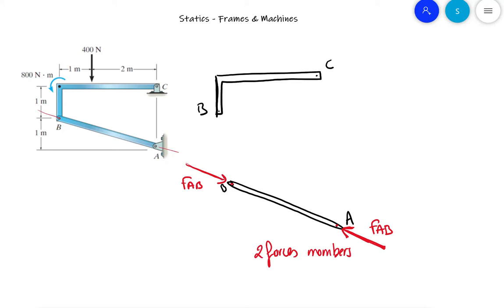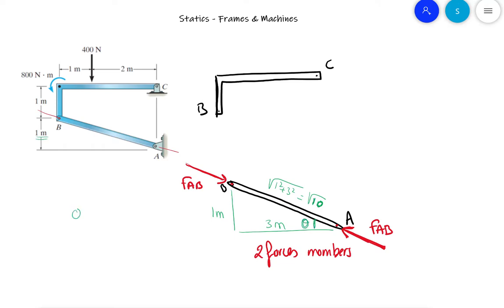The directions are given by the distance. So this is 1 meter, and this is a total of 3 meters. So this distance is 1 squared plus 3 squared, so it's the square root of 10. So either you use the square root of 10 and 3, or you use an angle. So let's find an angle, let's say theta.